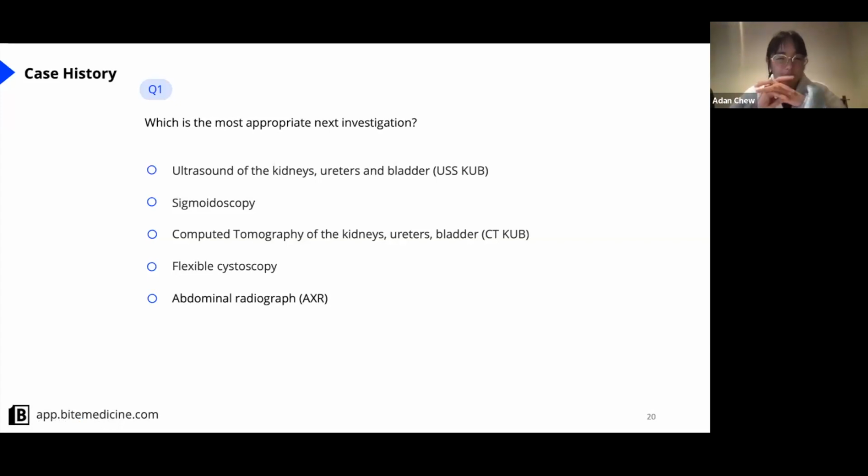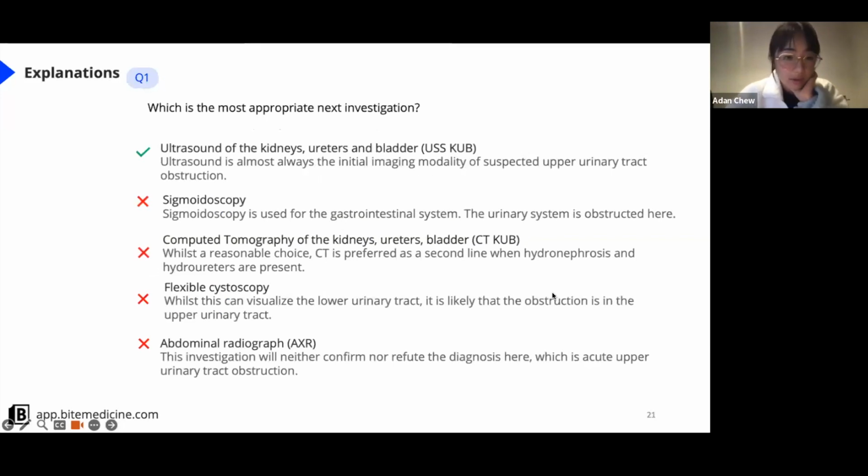Okay, I think approaching this question involves thinking about what is the most likely diagnosis and also what's the best modality. There's a mix of answers between ultrasound and CT on the Menti, but the correct answer is actually ultrasound. I don't think this concept is very well taught at medical school, but this patient has a urinary tract obstruction.